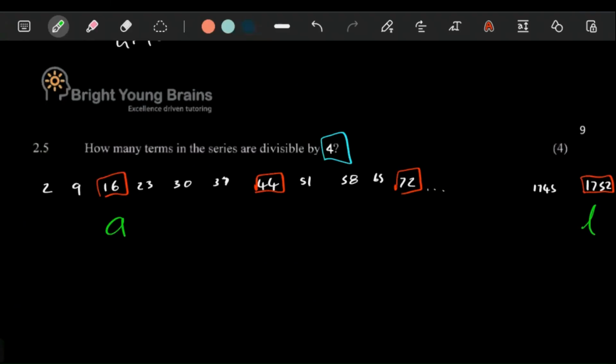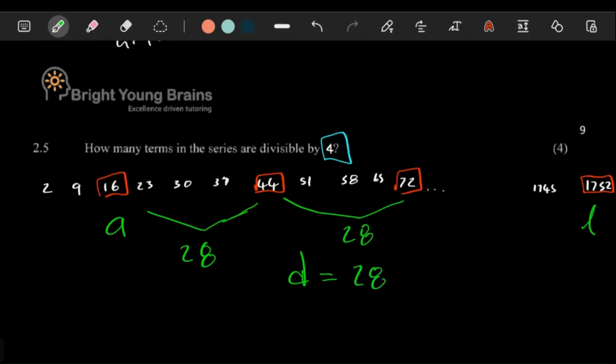And the common difference is just, if you look nicely, from 16 to 44, and then from 44 to 72. You can check there's a common difference there. 44 minus 16 is equal to 28. 72 minus 44 is also equal to 28.